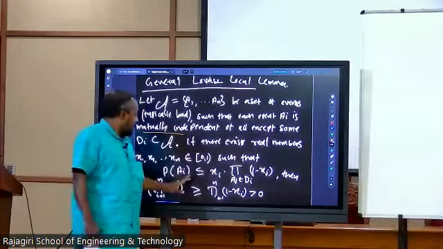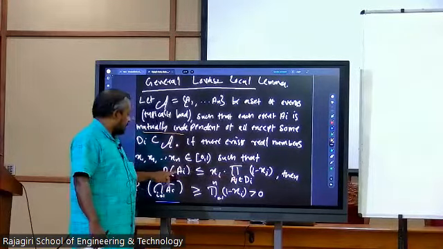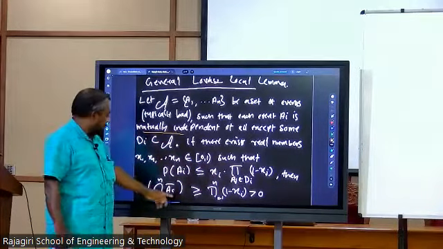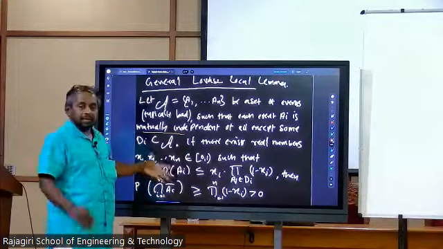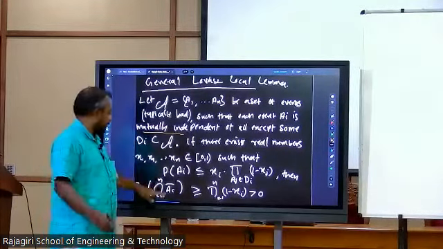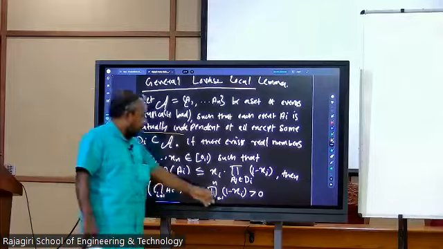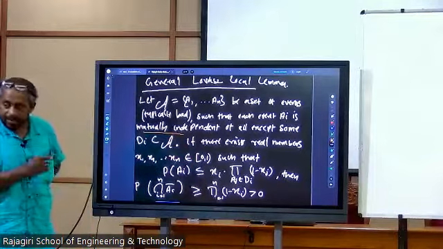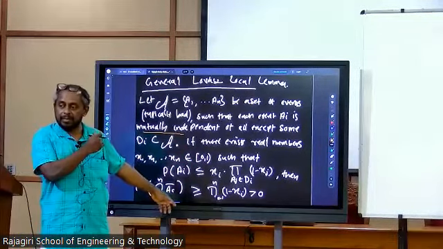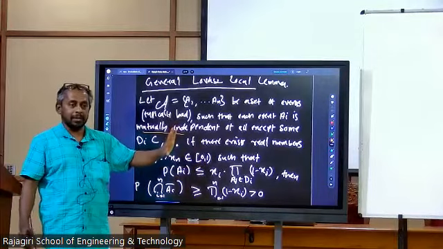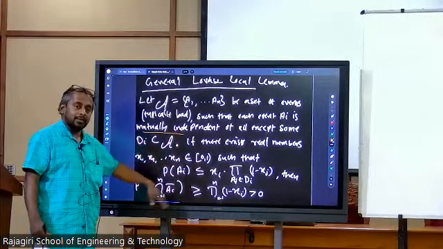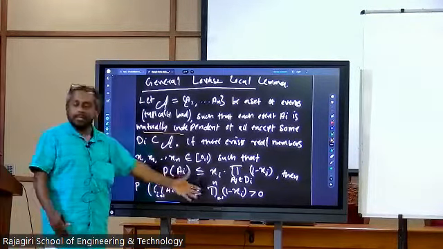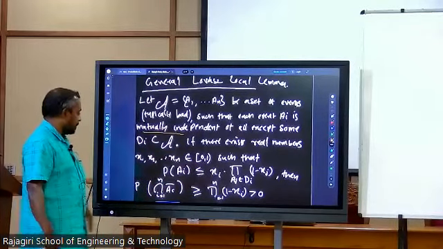If you can find a set of reals where this inequality holds, then the Lovász Local Lemma guarantees that the probability that none of these bad events happen, the intersection of the complements of all these events, is strictly positive. Again, we can see how this connects to the probabilistic method, because we are showing positive probability for something. To show that none of these bad events happen means our combinatorial structure exists. We can show that it must exist by showing positive probability.